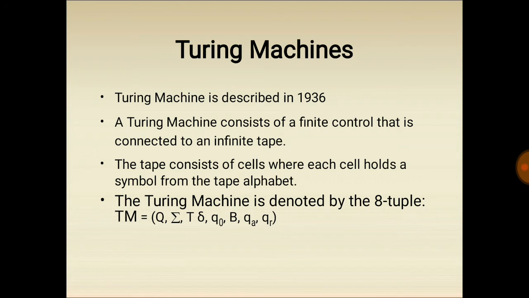The tape consists of cells where each cell holds a symbol from the tape alphabet. The Turing machine is denoted by 8 tuples. That is, Q is the set of states, sigma is the set of input symbols, T is the set of tape symbols, del is the transition function, Q naught is the initial state, B is the blank symbol, QA is the set of final or accepting states, QR is the rejecting state.